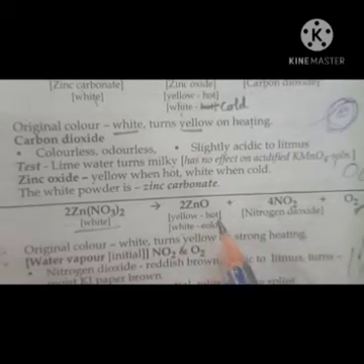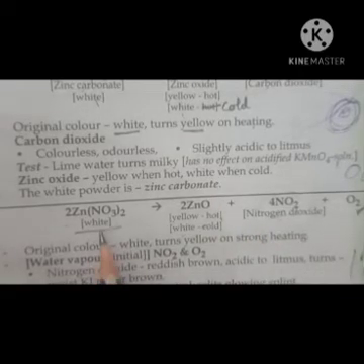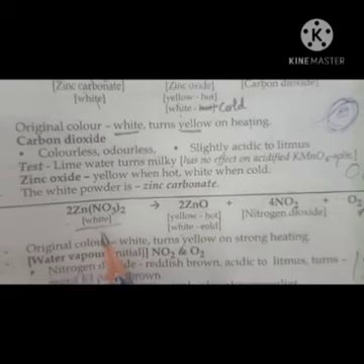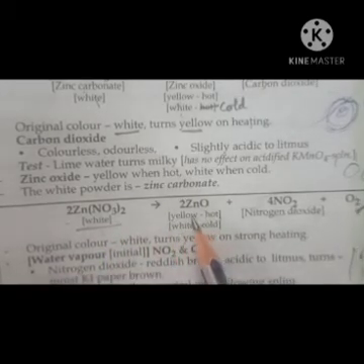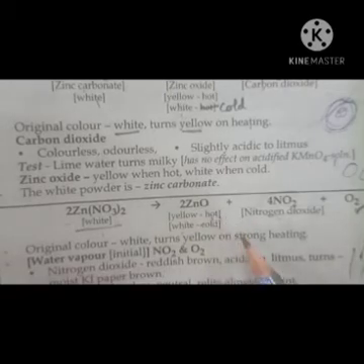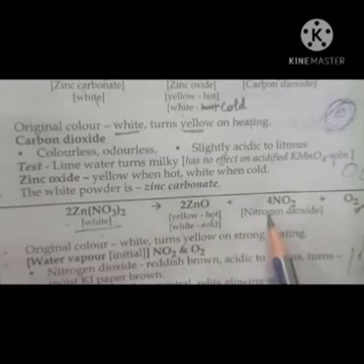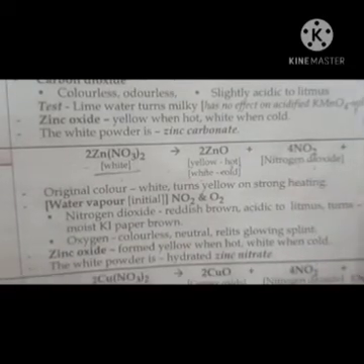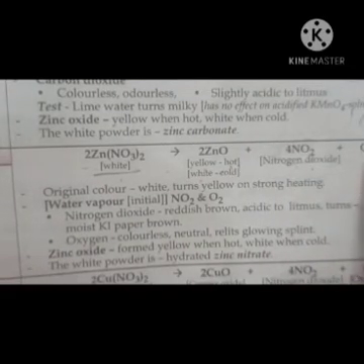So here you can give two observations. First, what do you observe when zinc nitrate is heated? You write that the white zinc nitrate on heating gives yellow zinc oxide when it is hot, and reddish brown nitrogen dioxide gas, right? And oxygen gas is also produced.